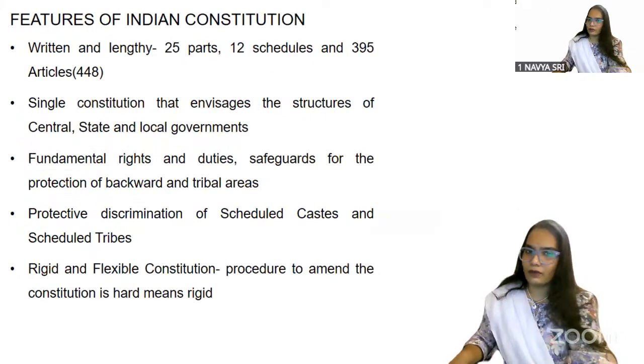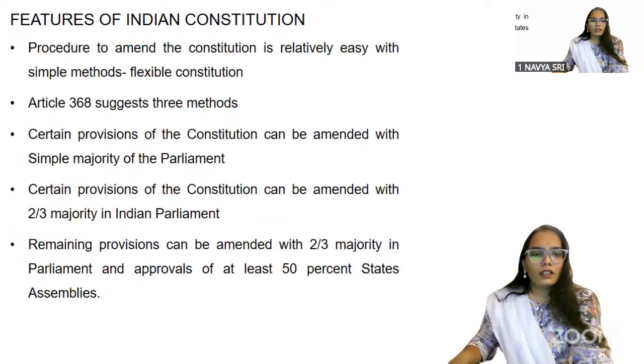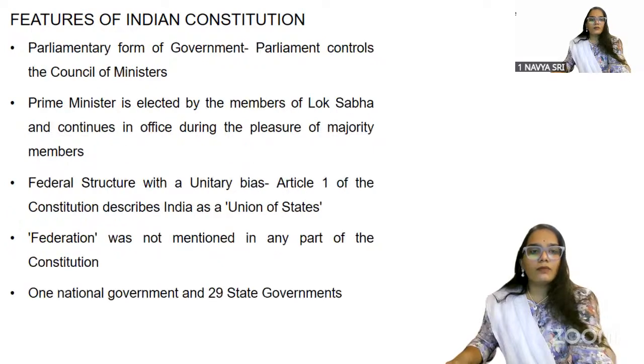Then come the features of the Indian Constitution: lengthy and written Constitution, then flexible and rigid Constitution, then sovereign, socialist, secular, democratic republic, then parliamentary form of government, then federal structure with unitary bias.